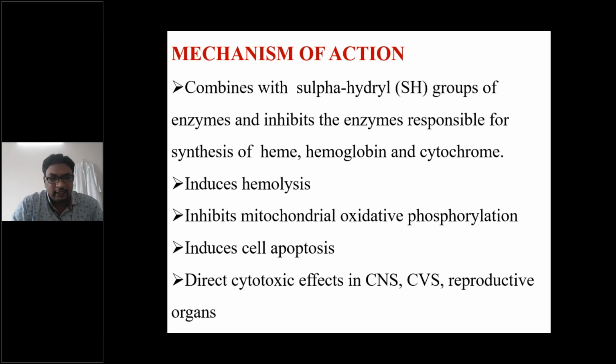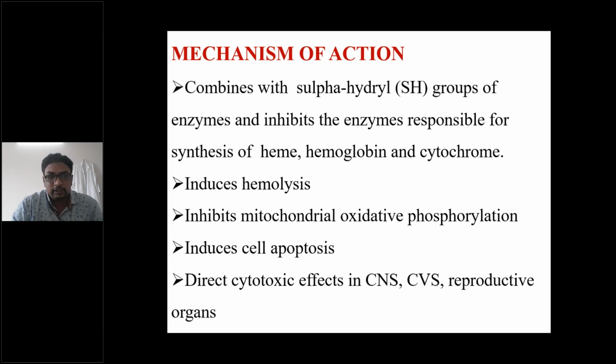Lead can also have direct cytotoxic effects on CNS, CVS, and reproductive organs, in females and also in males. It can cause sterility in males, it can cause abortion in females. So lead has direct cytotoxic effects on major systems like CNS, CVS, and reproductive organs.